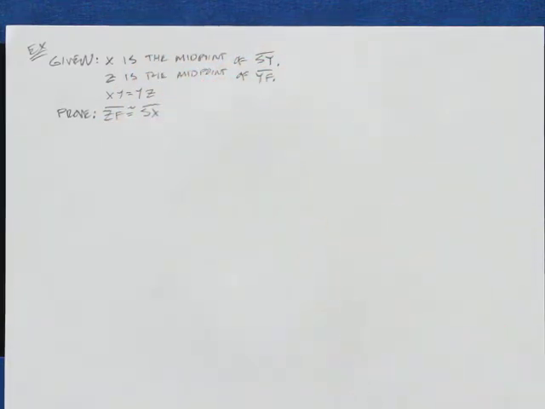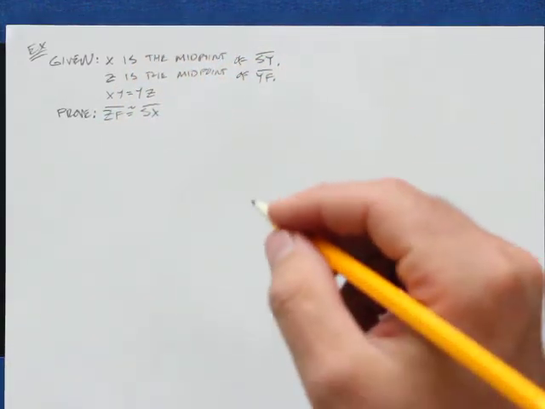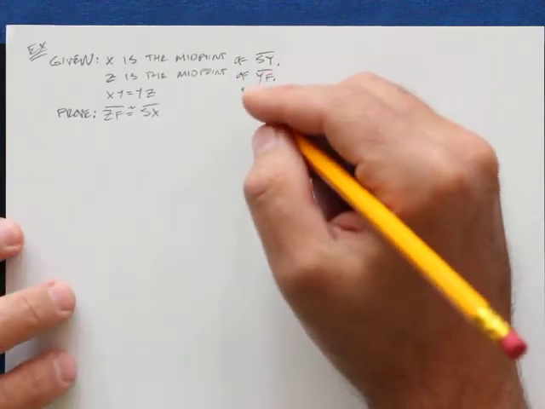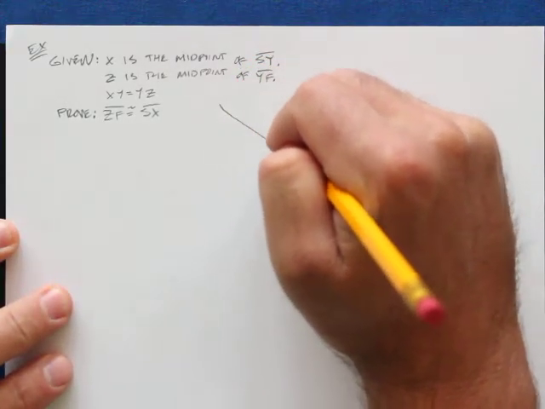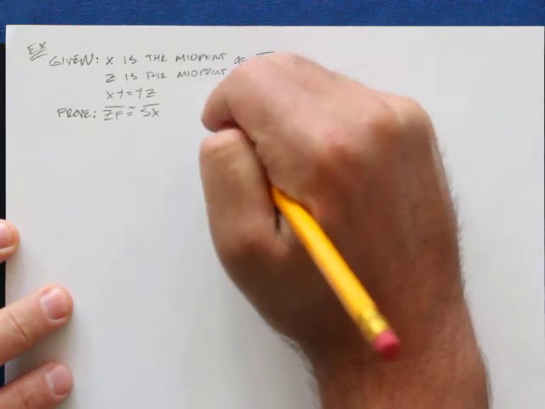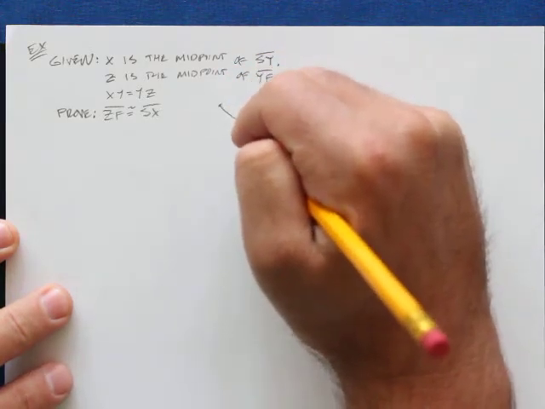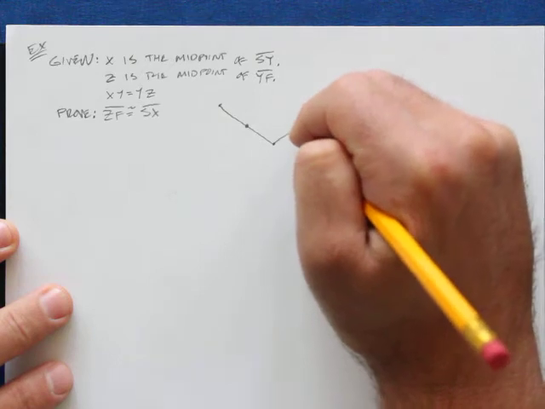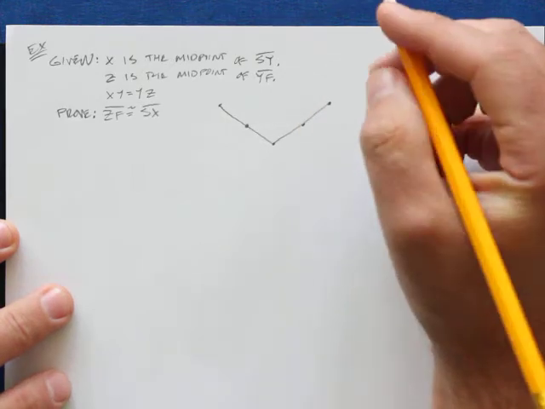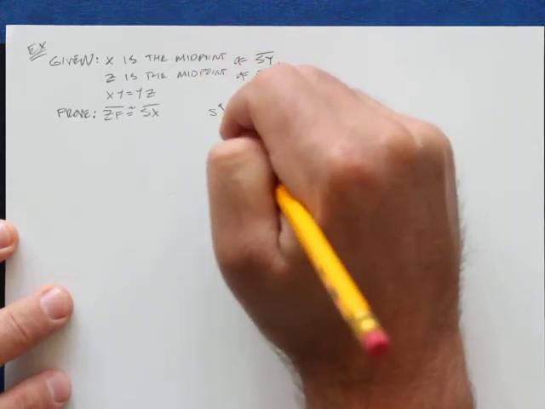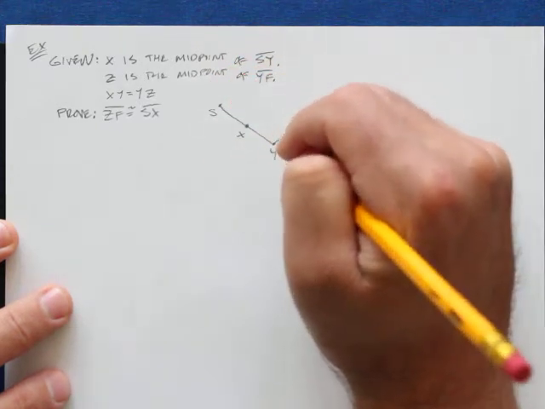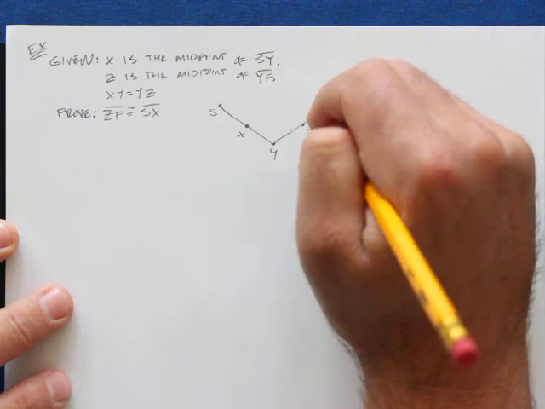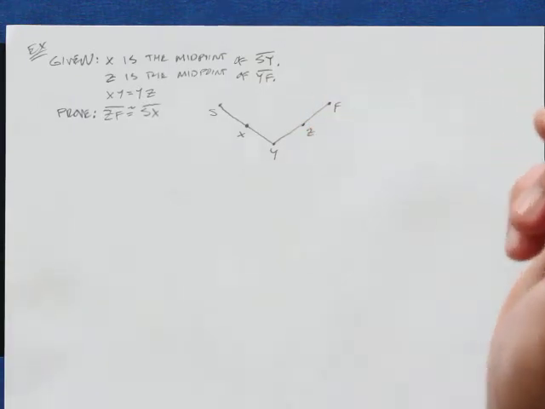So we're going to have a little diagram to draw over here, and it is going to be kind of like a flat V, and we've got these points along here: S on the left, X, and then Y at the bottom, Z, and then F on the right.